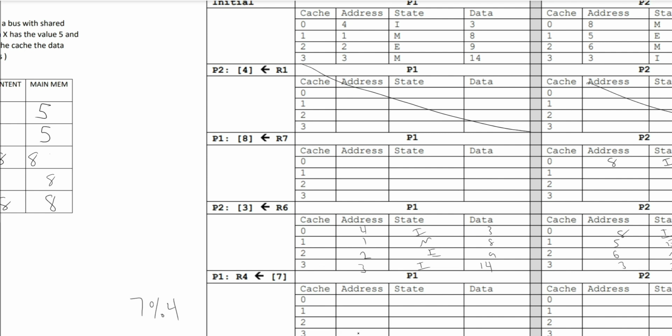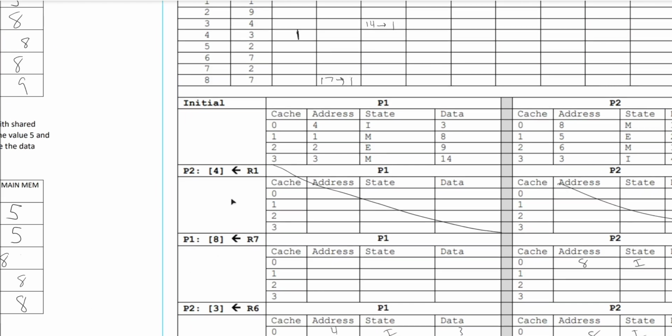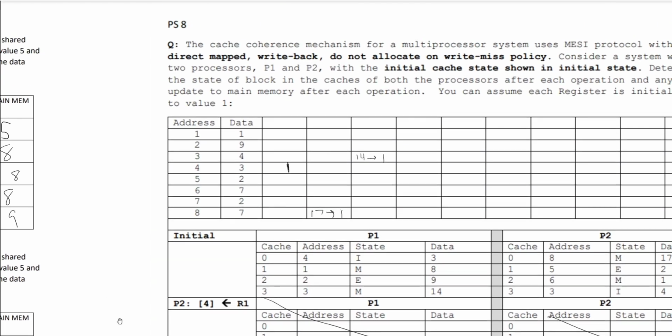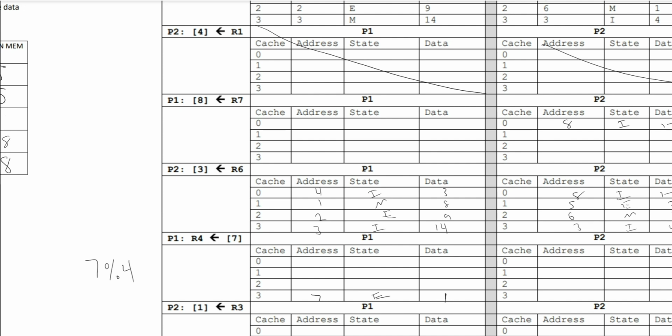So address is now 7. Oh yeah, because the other processor didn't have it, this will be exclusive, and this will have 1, right? Wait, no. Address 7 had a 2. Oops. This will stay the same.